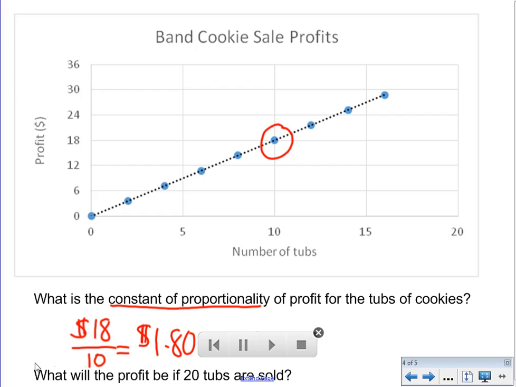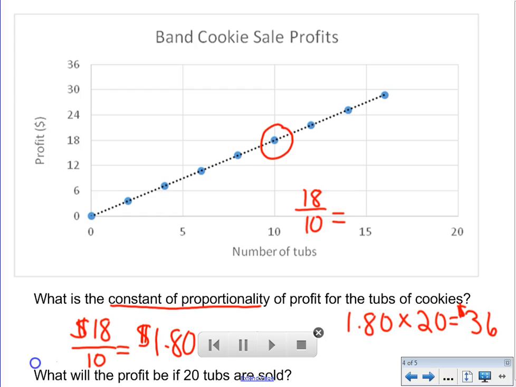The next question asks what the profit will be if we sell 20 tubs. Well, there's 2 ways to do this. We can take $1.80 for 1 tub and multiply it by 20, and you would get $36. Or you can also set up a proportion. To do that, we would take 18 over 10, but they don't want to know that.